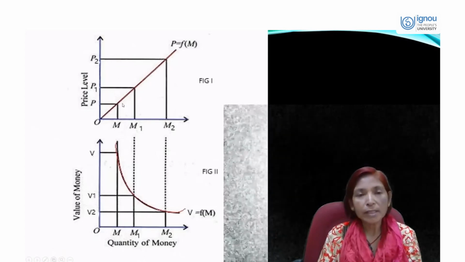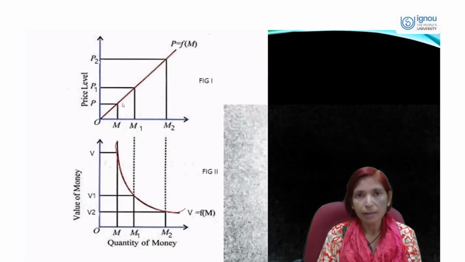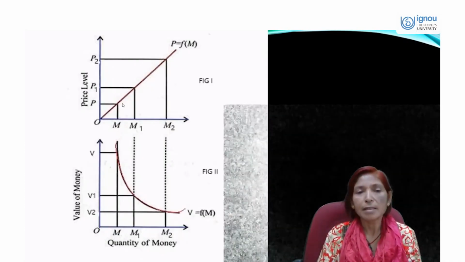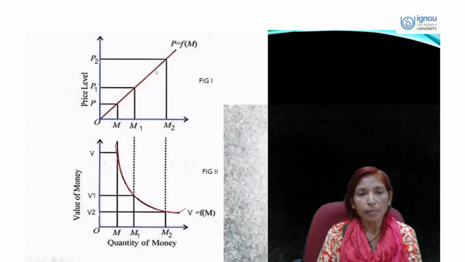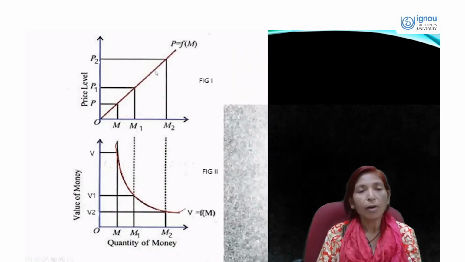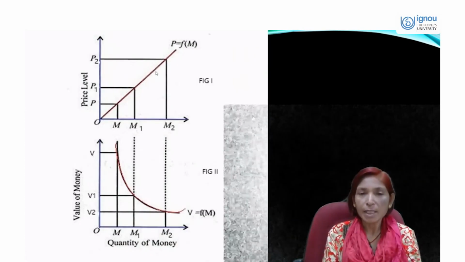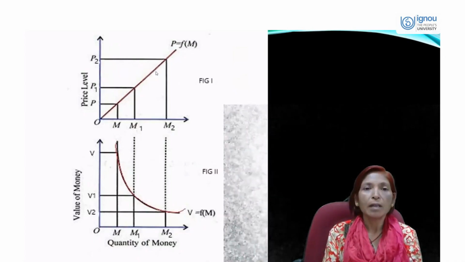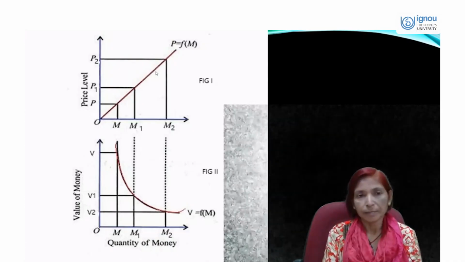So there is a direct, positive and proportionate relationship between money supply and price level. This is the first main point of the quantity theory of money, and the curve will be a 45-degree upward sloping line.